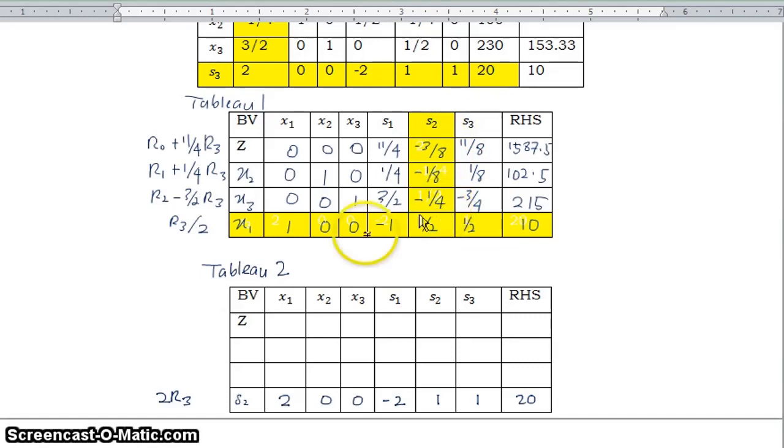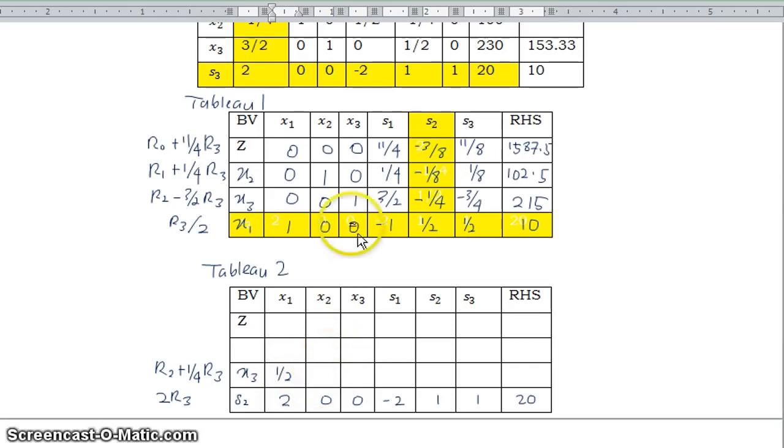Therefore, the ERO for row 2 is row 2 plus 1 over 4 row 3. And the basic variable for row 2 still x3. Okay, now we have 0 plus 1 over 4 times 2. We get 1 over 2. For x2, 0 plus 1 over 4 times 0 is 0. x3, 1 plus 1 over 4 times 0 is 1.